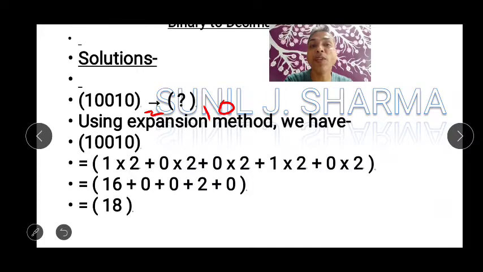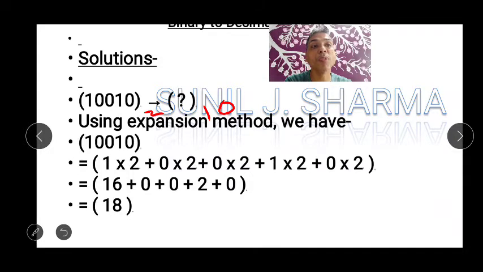Here we don't have any fractional part, so everything is a whole number. When you move from the left-hand side, anything raised to 0 will be 1.